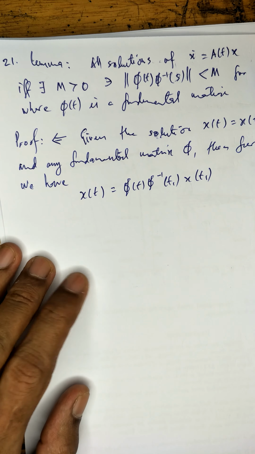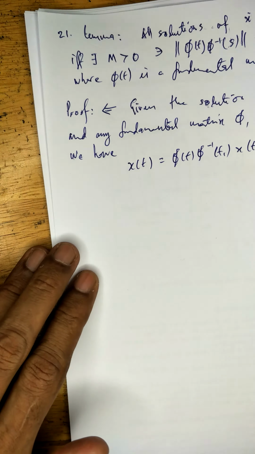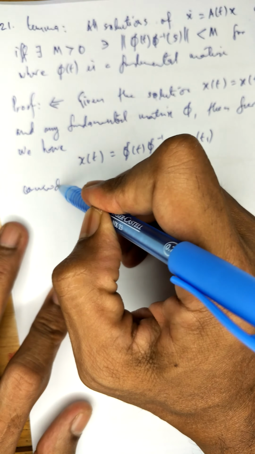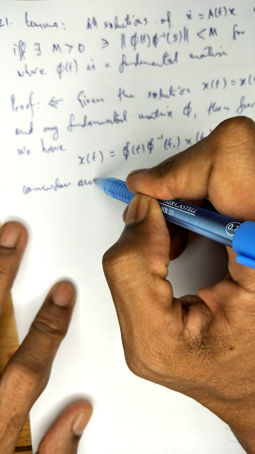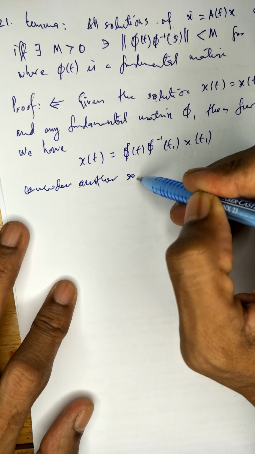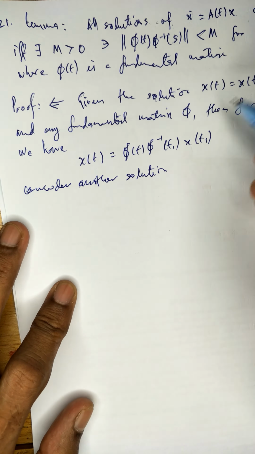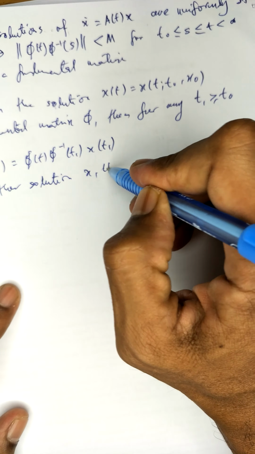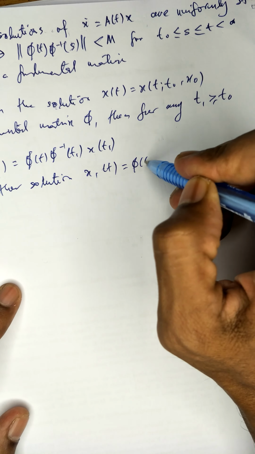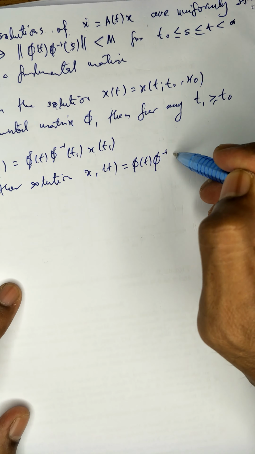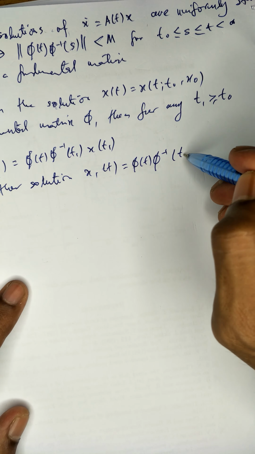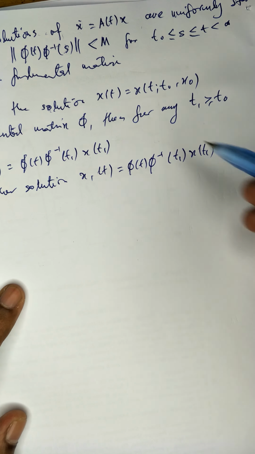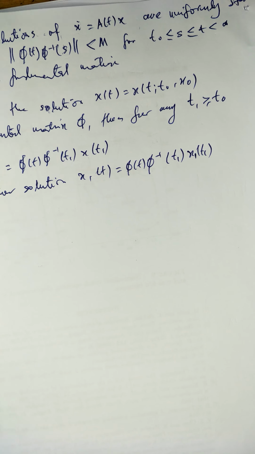Now if we consider another solution, x1(t) equal to phi(t) phi inverse(t1) x1(t1).